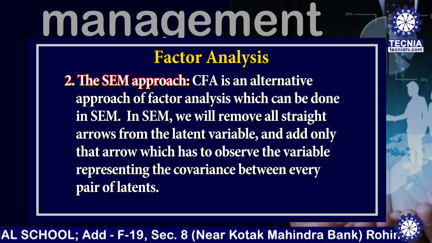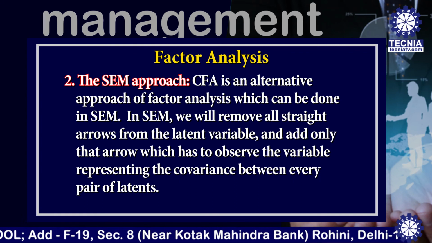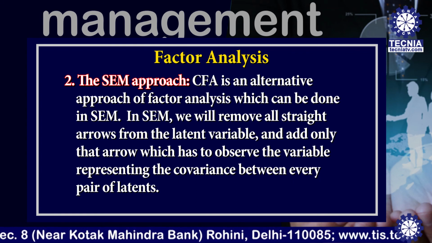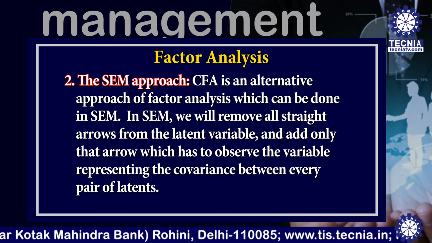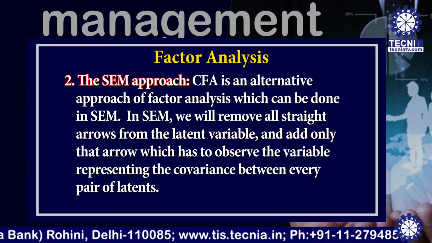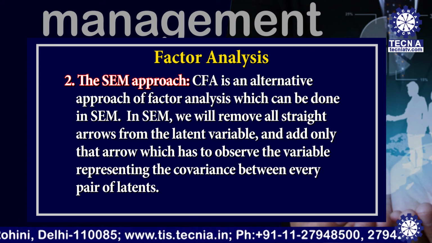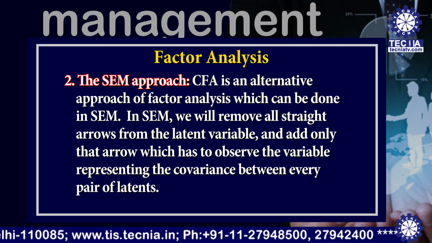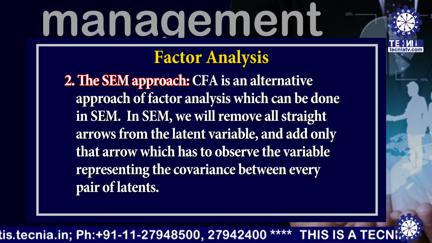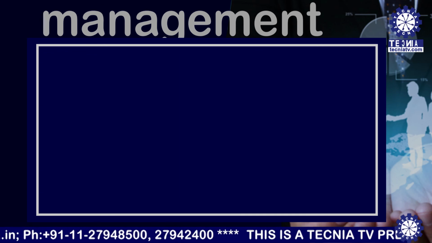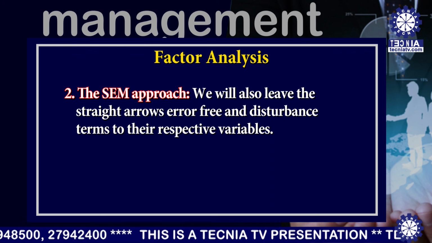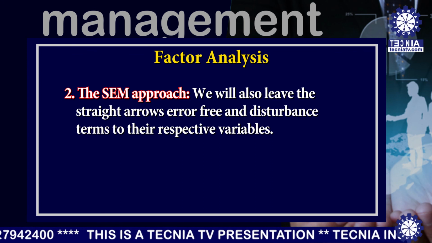CFA is an alternative approach of factor analysis which can be done in AMOS. In AMOS, we will remove all straight arrows from the latent variables and add only the arrow which has to observe the variable, representing the covariance between every pair of latents. We will also leave the straight arrows from error and disturbance terms to their respective variables.